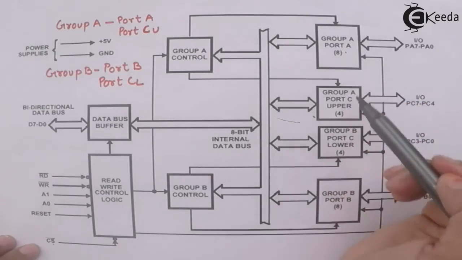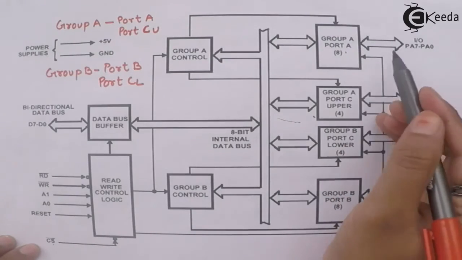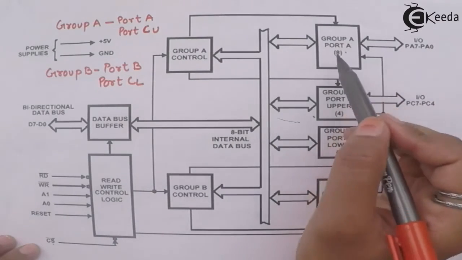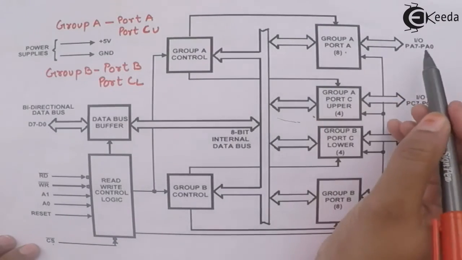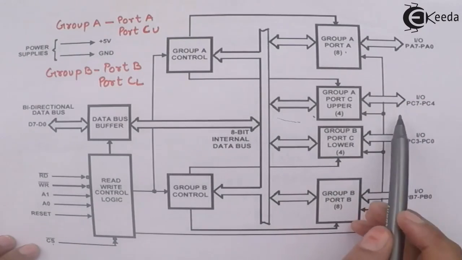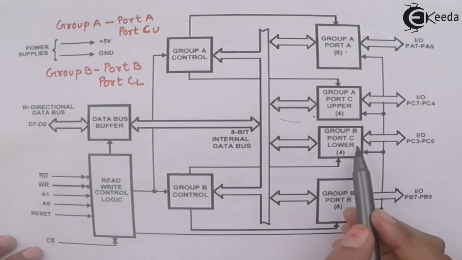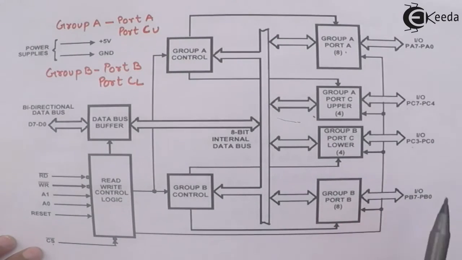Now these ports can act as input output ports. Because they are 8-bit ports, they have the pins PA7 to PA0, PC7 to PC4 because it is port C upper, then port C lower PC3 to PC0, and port B PB7 to PB0.